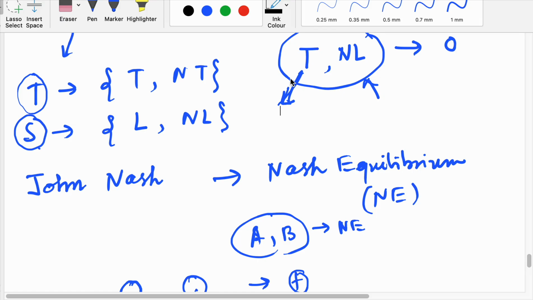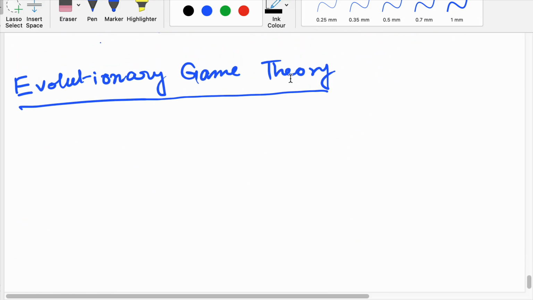And I also think about what the student will choose if she also thinks that I want to maximize my payoff. By analyzing this situation, where will we reach? That type of thing is going on in classical game theory.